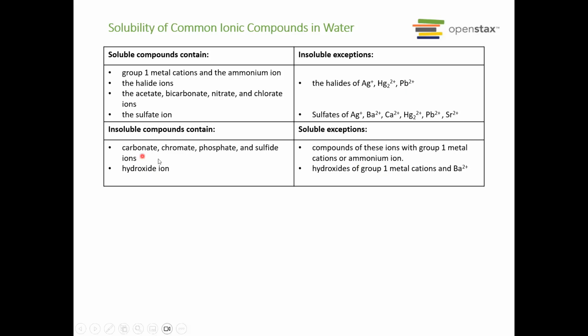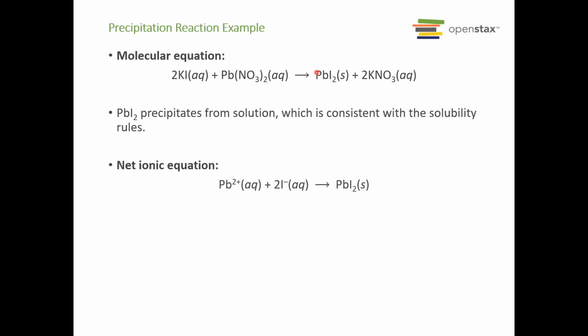And then the same thing with carbonate, chromate, phosphates, or sulfide, typically not going to dissolve very well, except for if we put it with one of those group 1 metals or the ammonium ion. And again, that's why we're seeing up here, there's really no exceptions for group 1 or the ammonium ion, just because those are always going to dissolve very, very well.